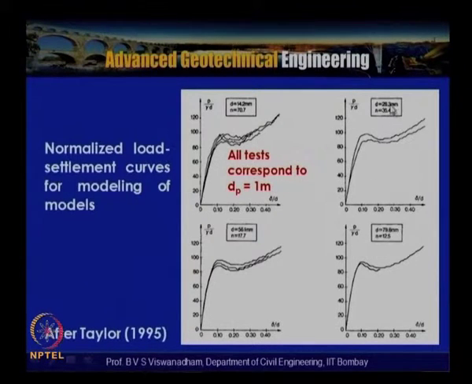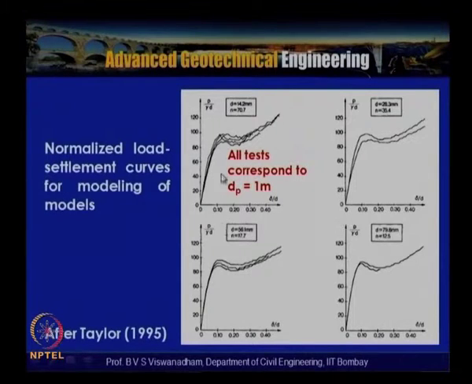Similarly, here this is 28.3 mm diameter tested at 35.4 to yield a footing of diameter 1 meter. Similarly here 79.5 mm tested at 12.5 to yield a prototype diameter of 1 meter. Here also 56 mm tested at 17.7 to yield a footing of diameter 1 meter.